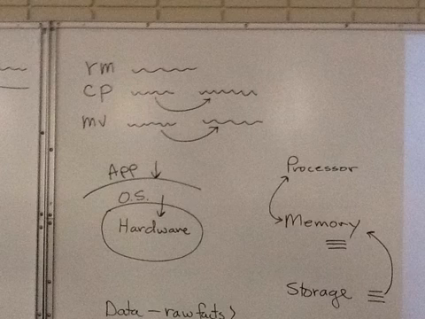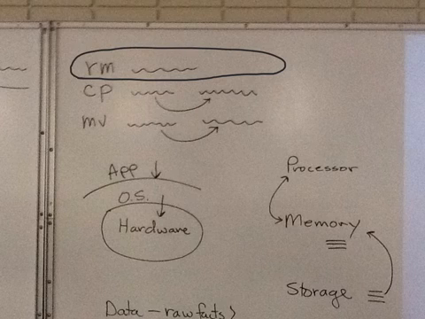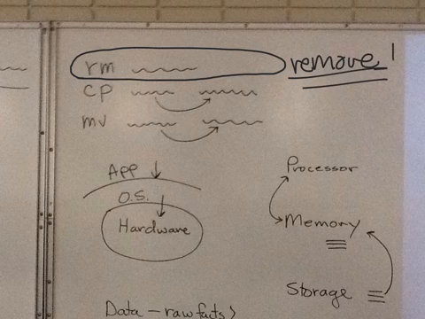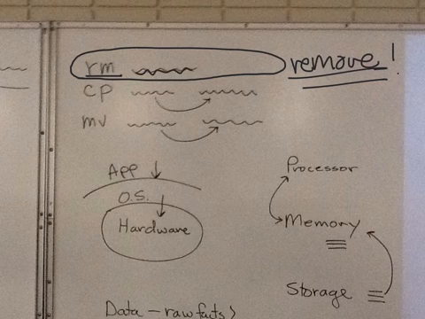Almost done. We covered some key things. If you want to remove a program, you want to delete it, be careful about doing this. Be careful. You can type RM and the name of the program and press enter, and that will get rid of it.